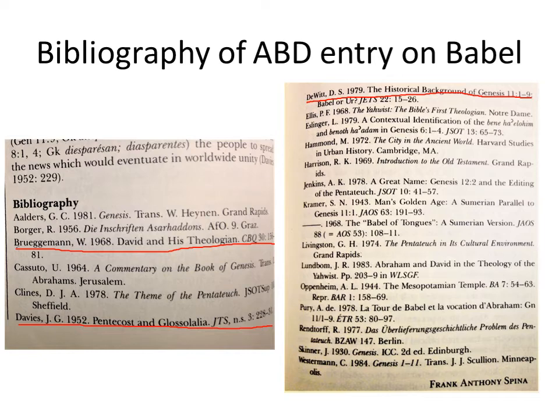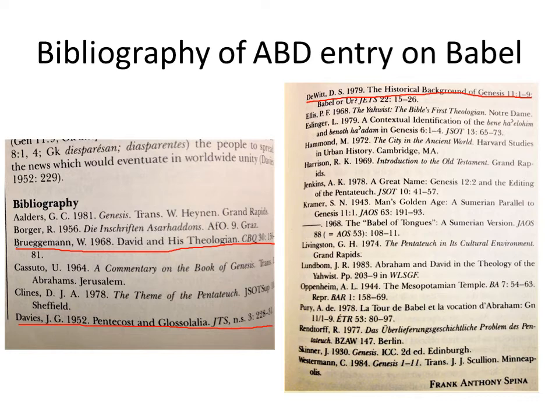And I'll find Brueggemann, his article David and the Theologian on the Catholic Biblical Quarterly. I find Davis, J.G., Pentecost and Glossolalia on the Journal of Theological Studies. And I find DeWitt, D.S., the historical background of Genesis 11, 1-9. So already I have 3 other sources that I can use.